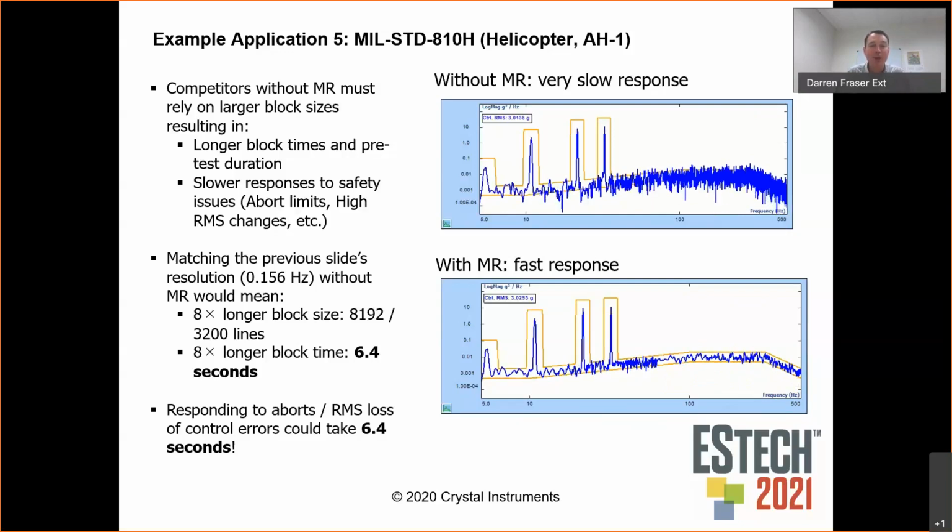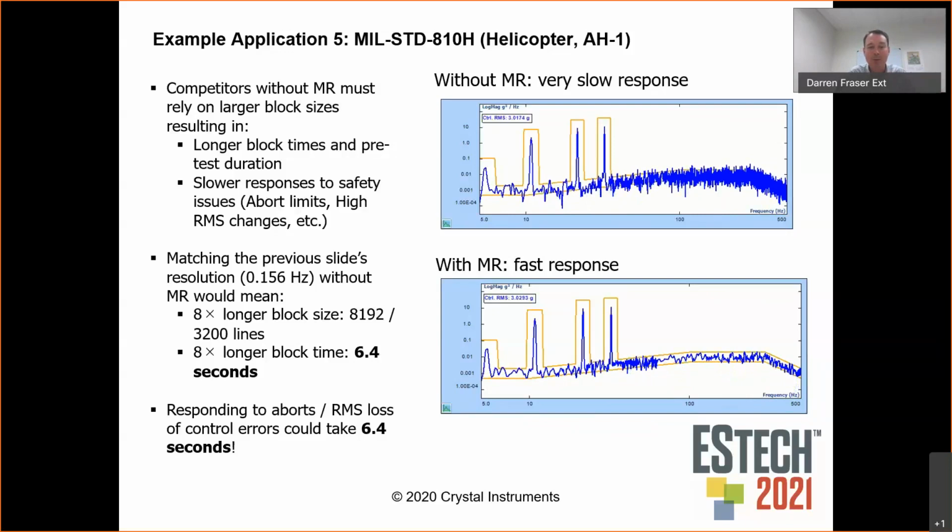And in making that larger computation, you may have, in this case here, we show the distinction, a 6.4 second increase in the amount of time it takes to take in the larger block size and to oversample that data so that you can resolve those tones with a standard FFT.